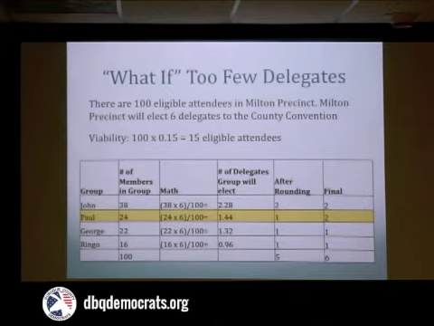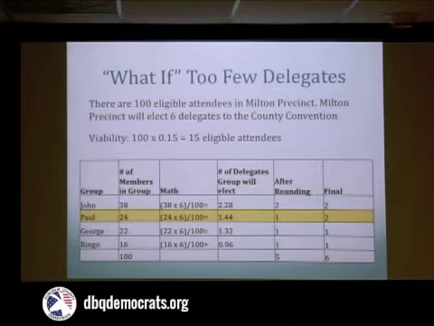So when we run the math originally, it's 2.28, 1.44, 1.32, 0.96. When we run our first rounding, it comes out to 2, 1, 1, and 1. That only equals 5 though. Meaning that we have to look at the decimal levels and say who was closest to being 0.5 but was not 0.5. And whoever that is will receive an additional delegate.